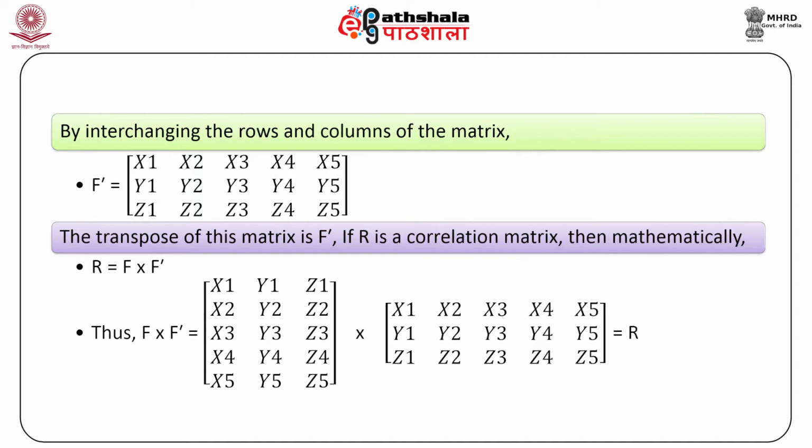z5. If R is a correlation matrix, then mathematically R is equal to F into F dash.